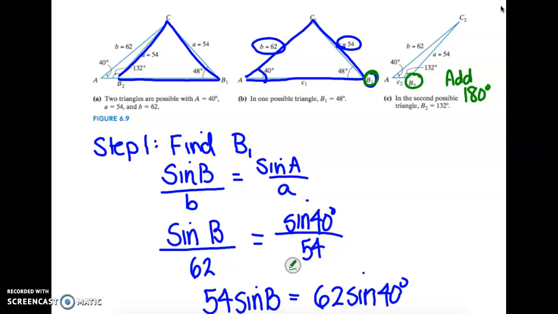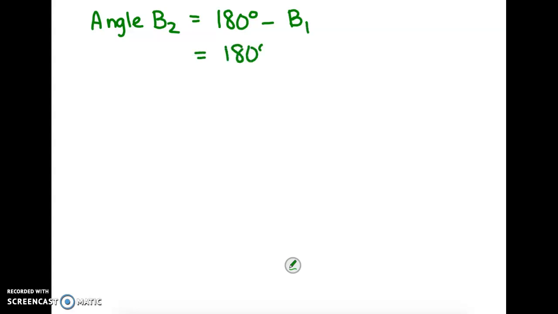To find angle B2, the second triangle's angle B, you take 180 degrees and subtract angle B1, which we found to be 48 degrees using the law of sines.